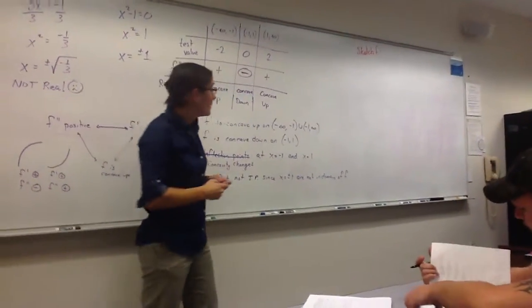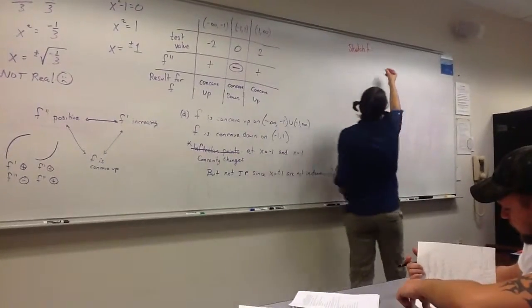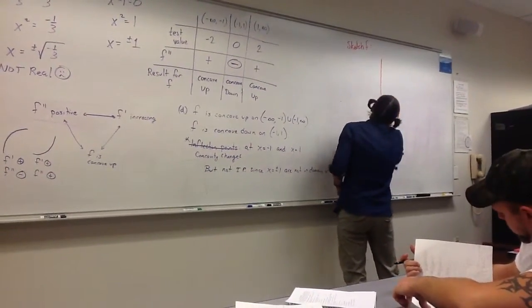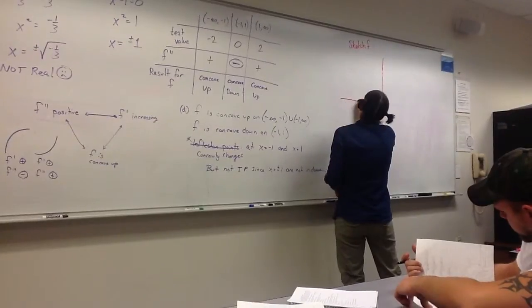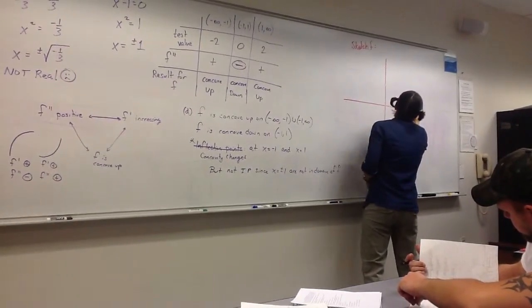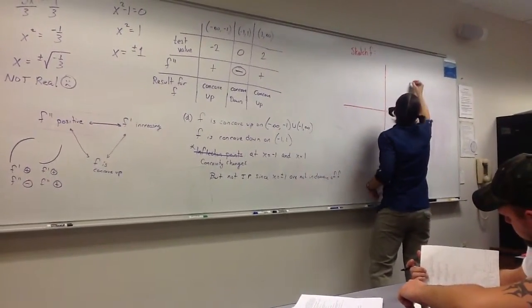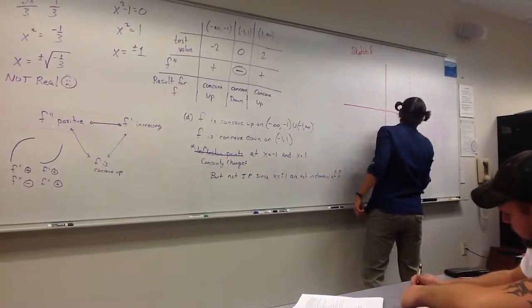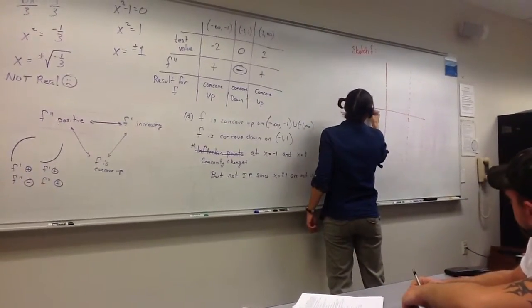All right, so the information that we have: we have two vertical asymptotes. We have a vertical asymptote at x is equal to 1, and x is equal to negative 1.